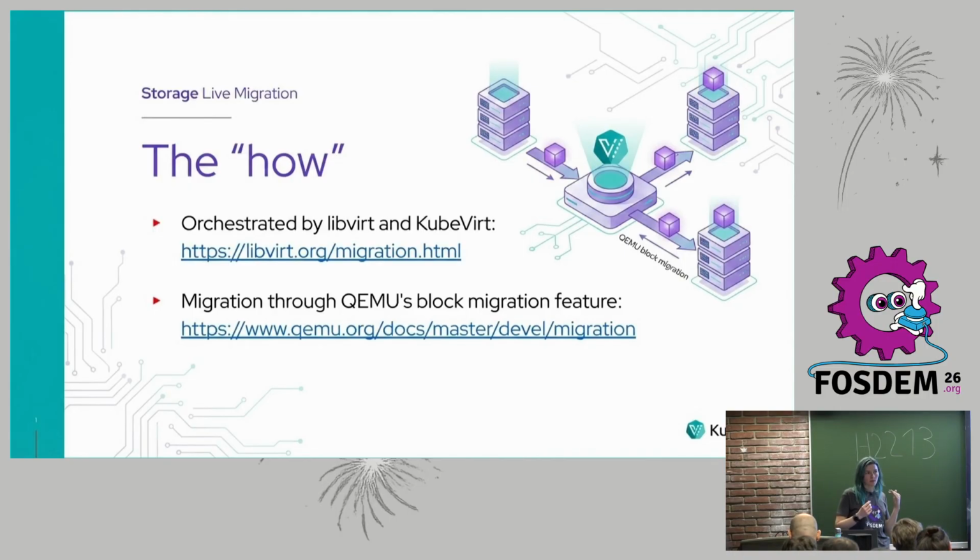We need to somehow synchronize between the source and the target, and the source and the target are not even in one cluster. Because you remember, when we talk about compute live migration, you have one VMI, and one VMI can do it all. It can access the source, the target, and do the synchronization.